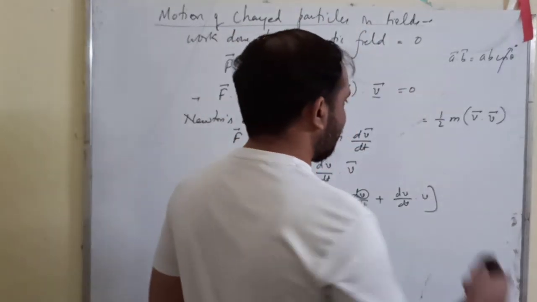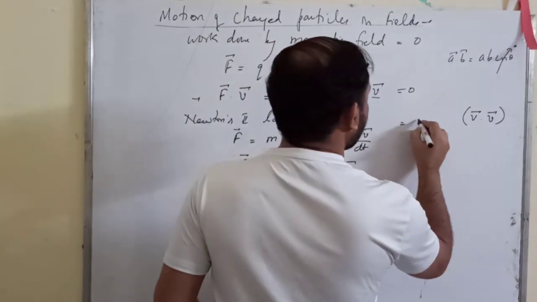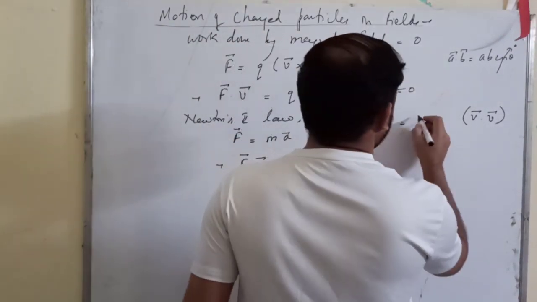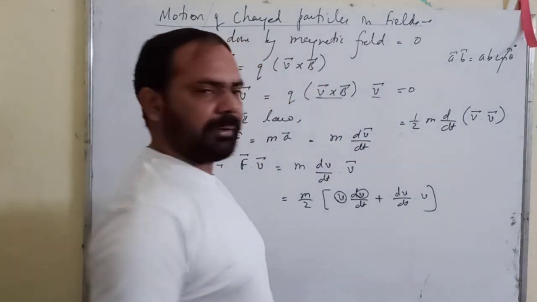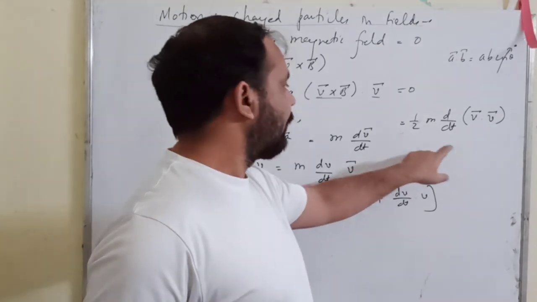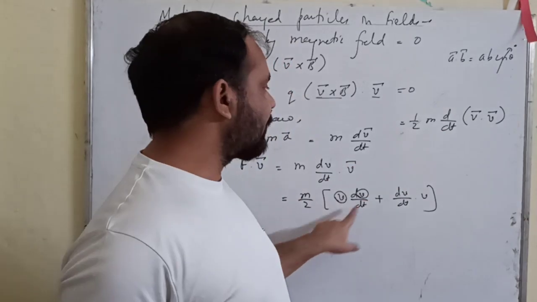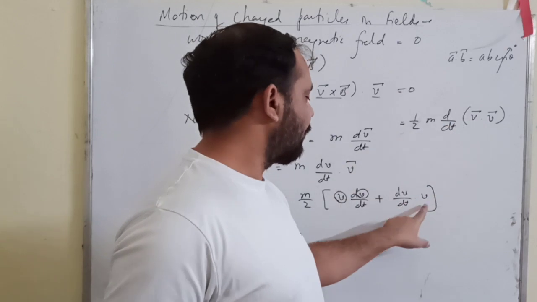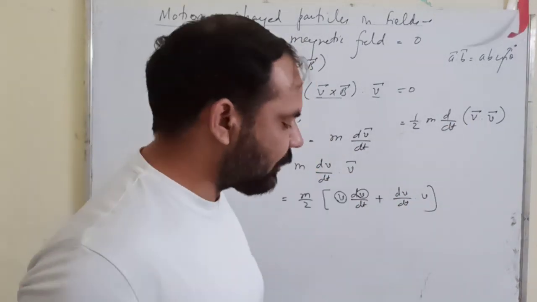We must write it like this. Now the derivative of ab is the first function times the derivative of the second, plus the second times the derivative of the first. Okay, so it is in this way.